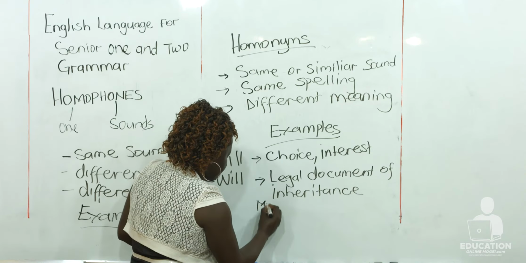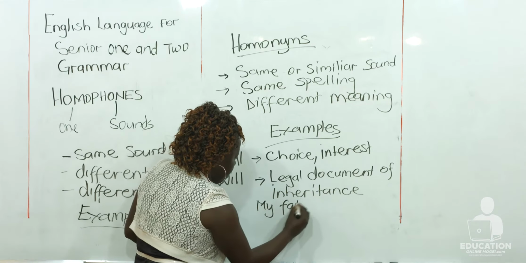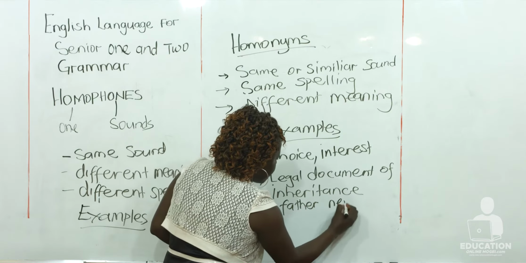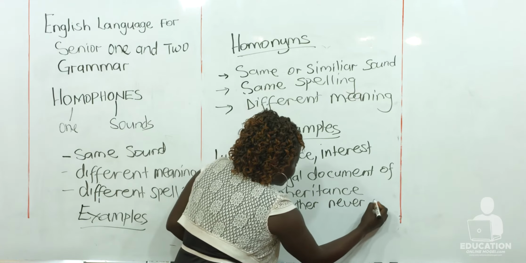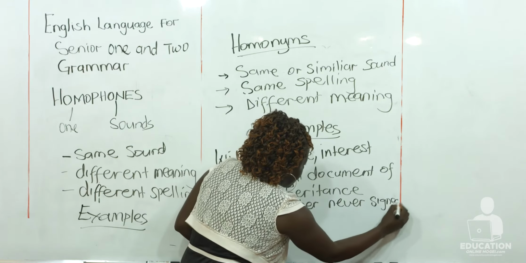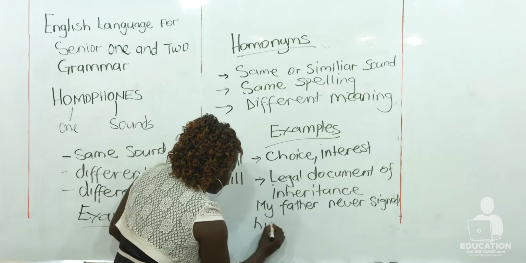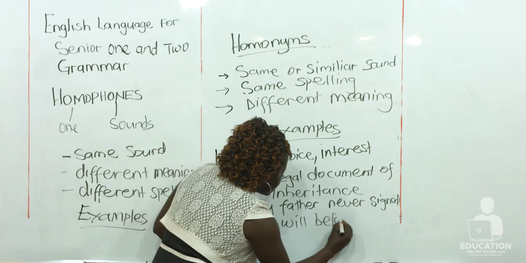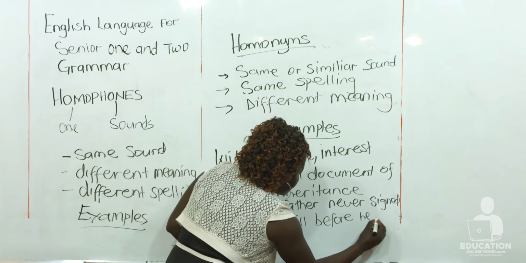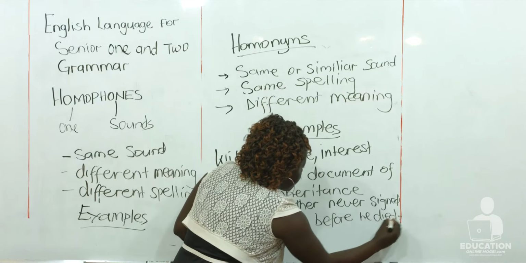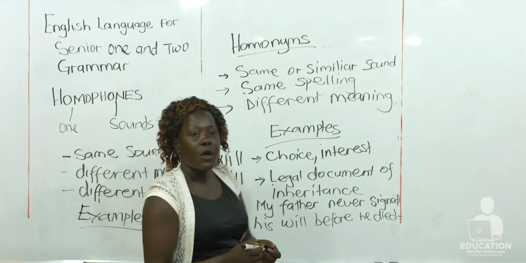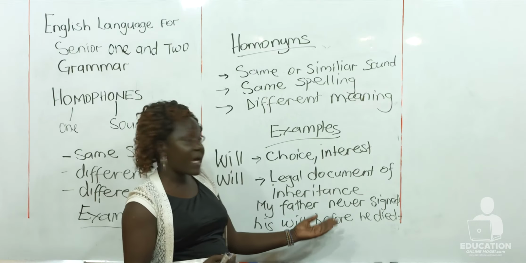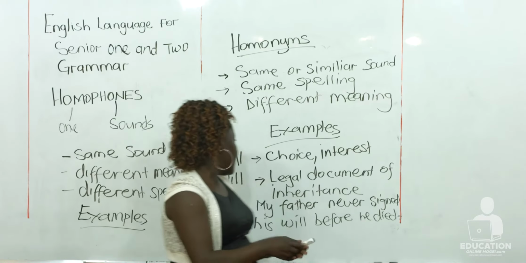My father never signed his will before he died. So you can see it's a legal document for inheritance. For you to come and inherit something, there must be a legal document called the will.